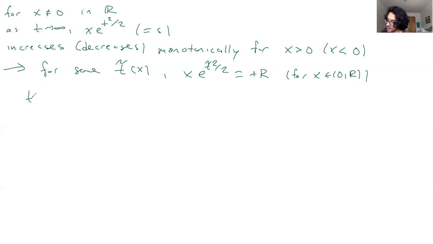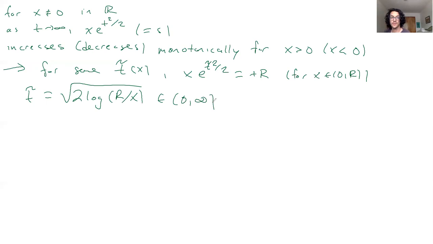In particular, t tilde is going to be given by 2 times log of r over x, and this does live from 0 to infinity.